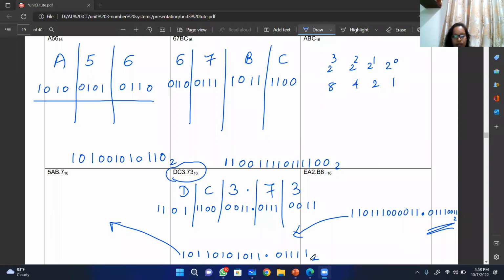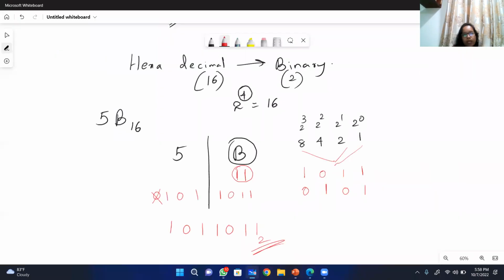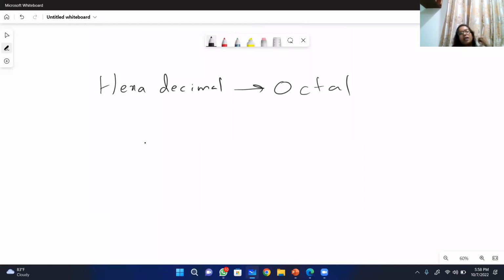Right, then the last calculation of that group, that is hexadecimal to octal. Now, in the previous two cases, we had some shortcuts, right?